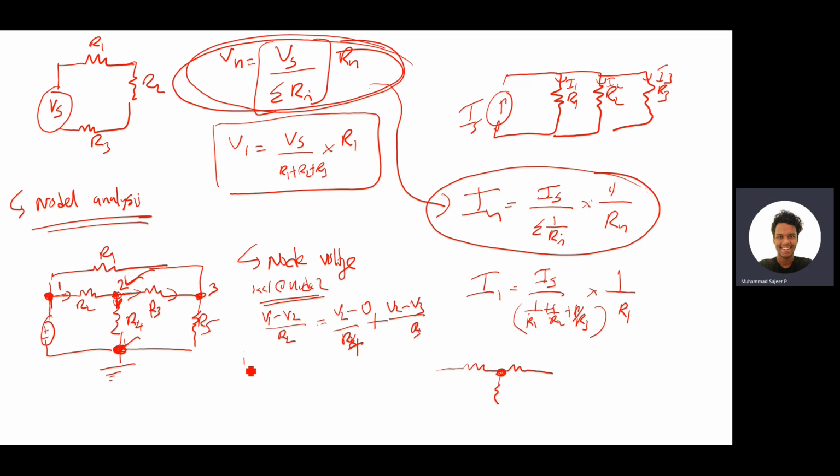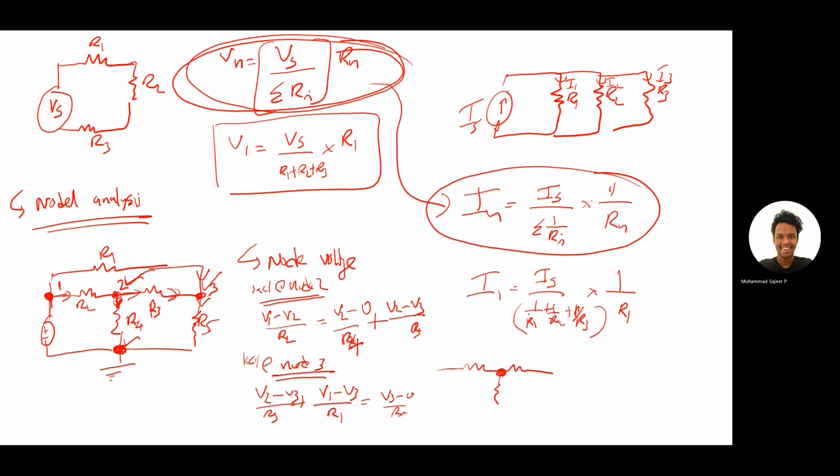And in the same way we can apply KCL at node 3 also. Here the current is coming from this side, and from this side, and going out this side, right? So we can take it as (V2 minus V3) by R3 plus (V1 minus V3) by R1, which should be equal to (V3 minus 0) by R5, right?